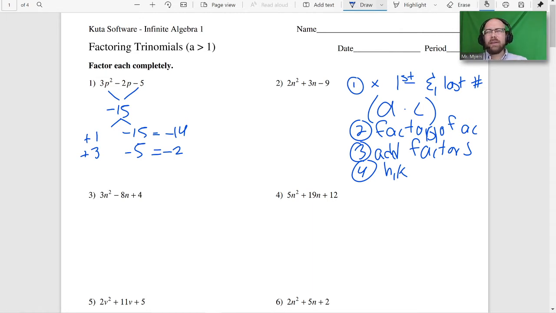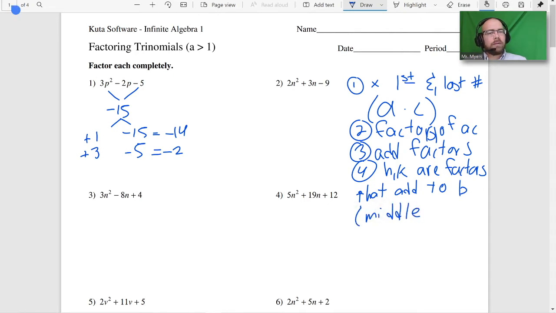H and k are also the vertex, so don't get it confused with the vertex of a parabola, but I like to call them h and k because you're probably fairly familiar with that by now. So h and k are the factors that add to b, which is the middle number.